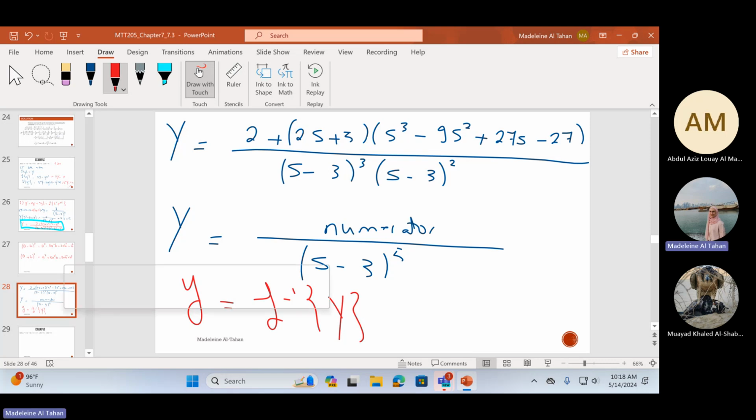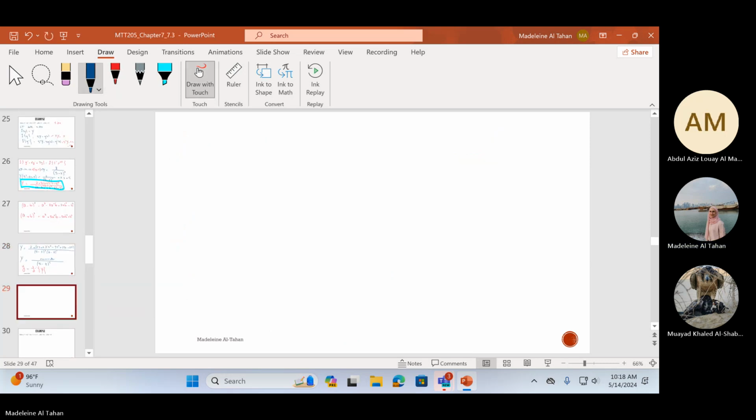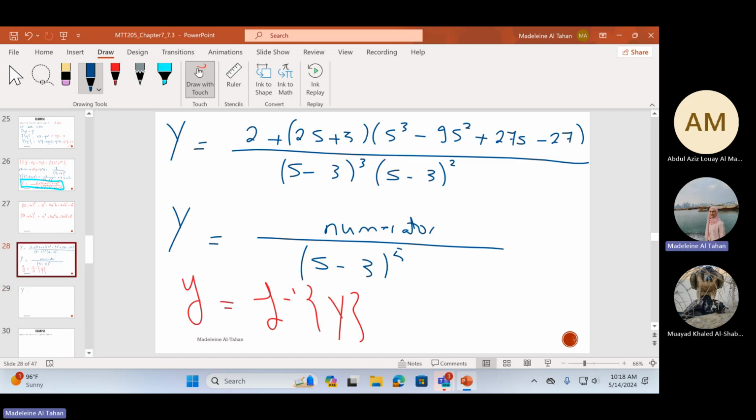Now we have this one. Y is equal to what? The degree of the numerator is 4. The degree of the denominator is 5. We can apply partial fraction.